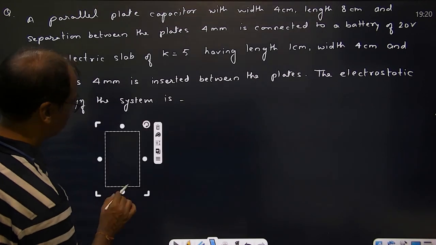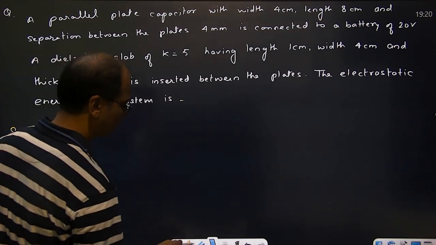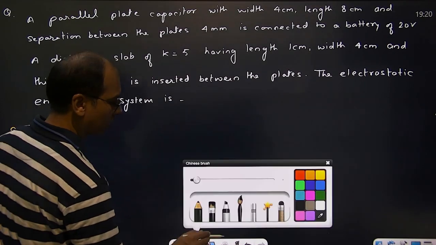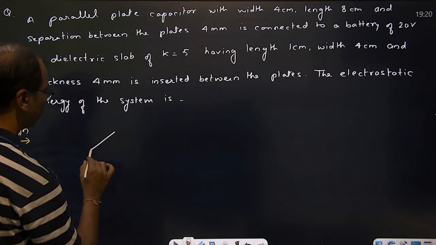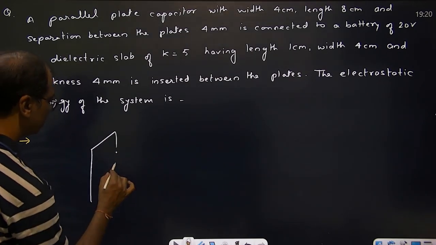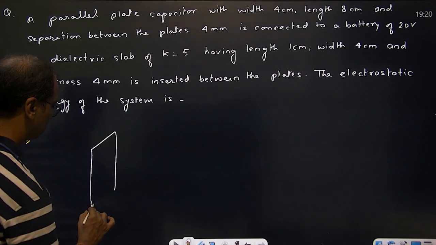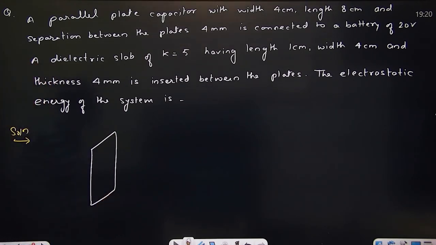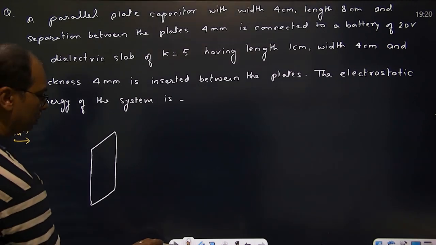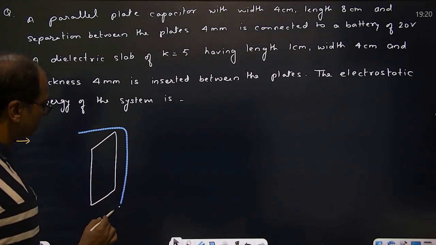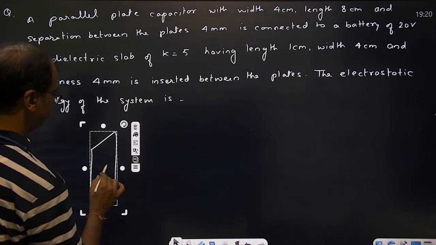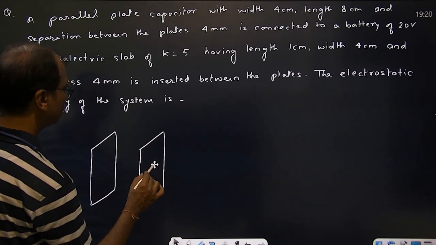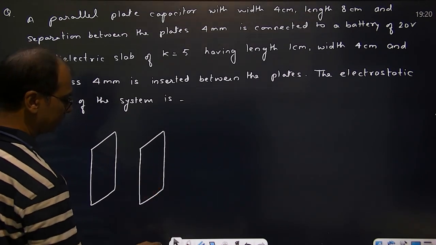Okay, this is the plate. One more I'll make, or we'll copy this one. Okay, this is the parallel plate capacitor for us.